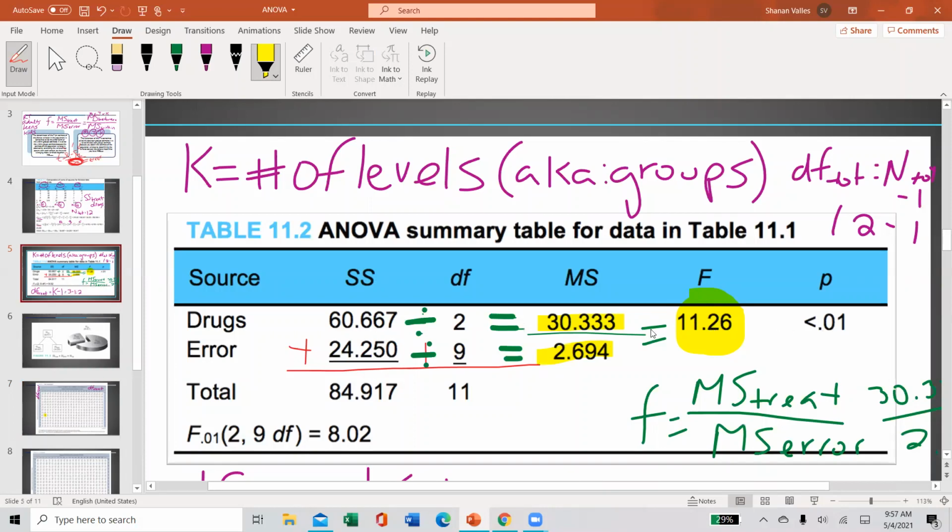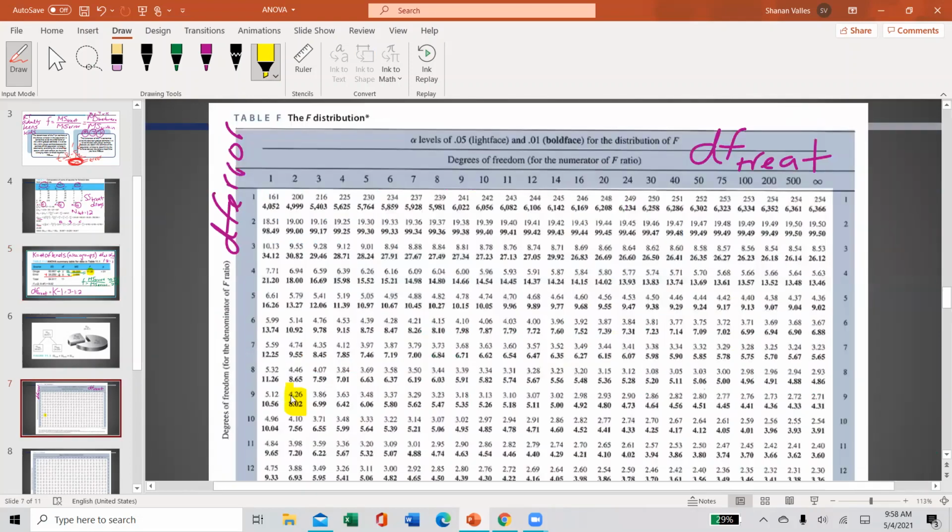If say our F was only like a 7 and it did not exceed the 0.01, it's still significant, right? We still found a significant result because it exceeded the 0.05, right? In statistics or in social sciences, we go with the 0.05. This is good enough for us. This is good, right?